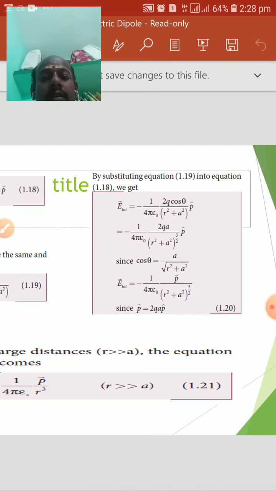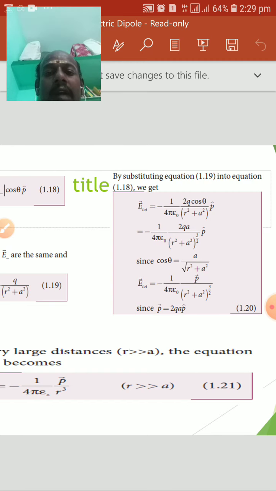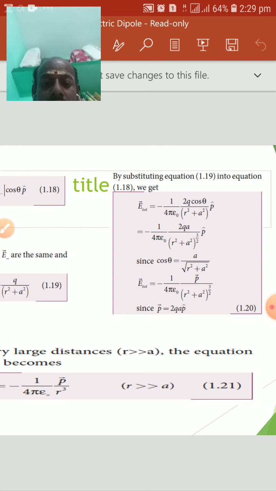So when I take 2q cos theta, q by 4 pi epsilon naught is a common term, with R square plus A square, and cos theta will be taken from the diagram, that is A by (R square plus A square) whole to the power 1 by 2, by using Pythagoras theorem. So now I will get the final value: p by 4 pi epsilon naught times (R square plus A square) whole to the power 3 by 2.